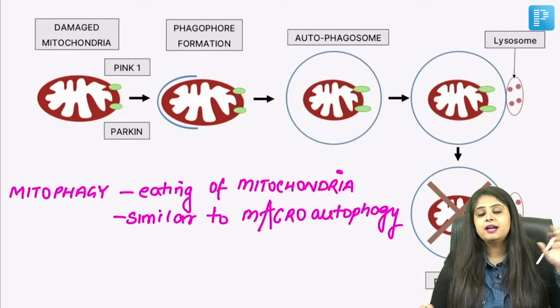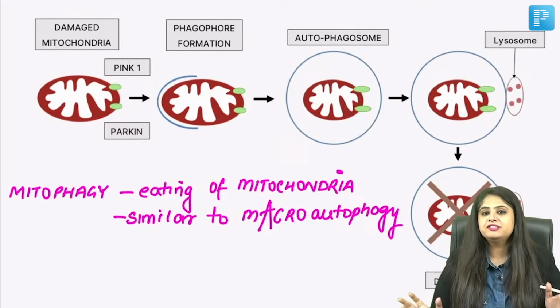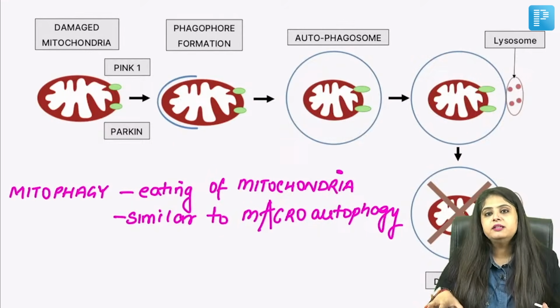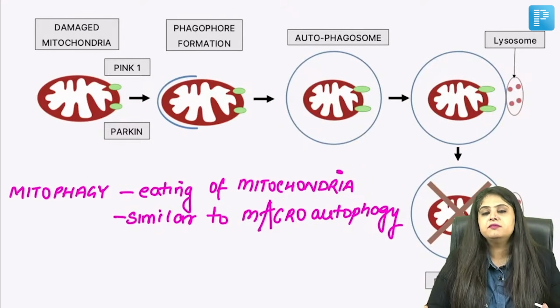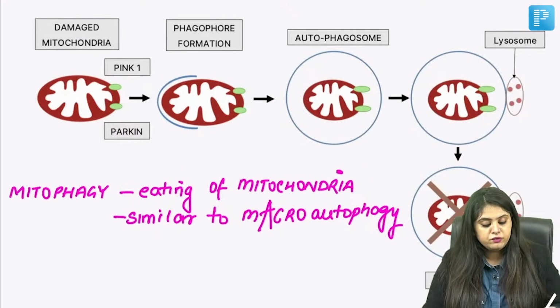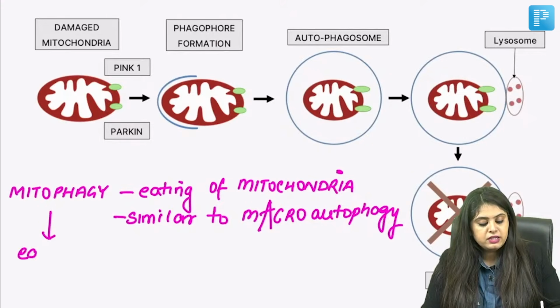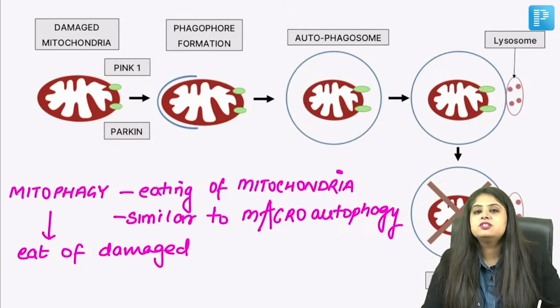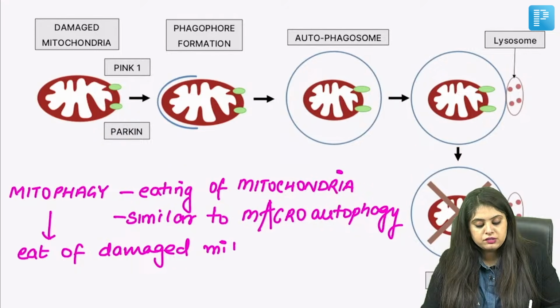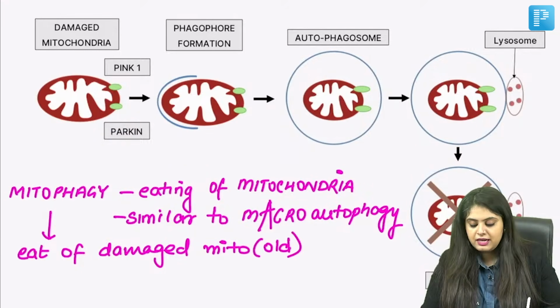You will go and eat that mitochondria which is doing so much work for your body, or you will say, I just need ATP. So let me eat the damaged mitochondria which is anyway not doing much work, but it is making ATP, which seems logical. So you will say I am going to eat the damaged mitochondria because I just need energy, na. So with the damaged mitochondria also I will get it. I am going to just eat the old or damaged mitochondria.